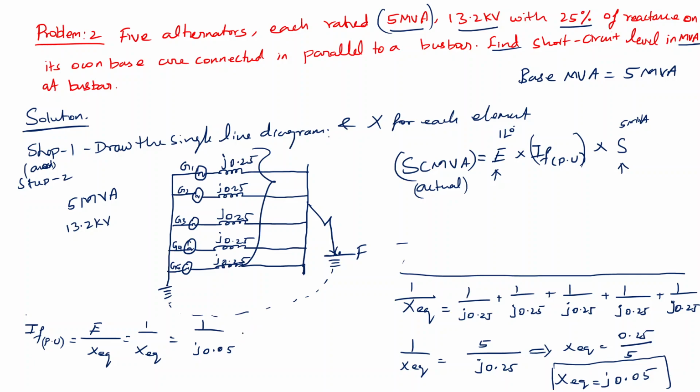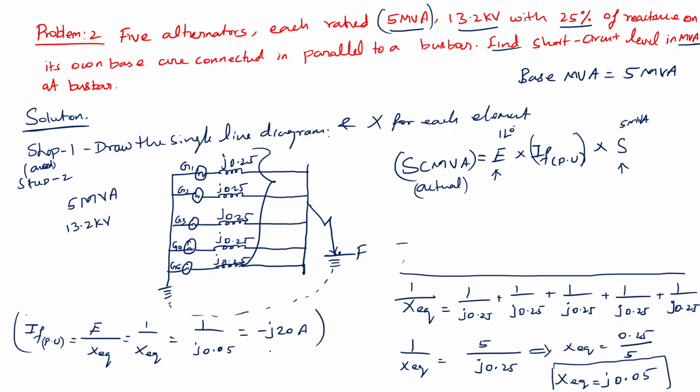So what will be my value? Tell me. So 1 divided by j, I will get minus j, and 1 divided by 0.05 is nothing but 20 amp. So this is my IF per unit value.